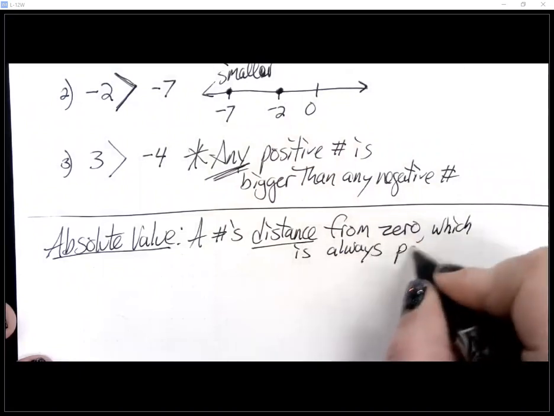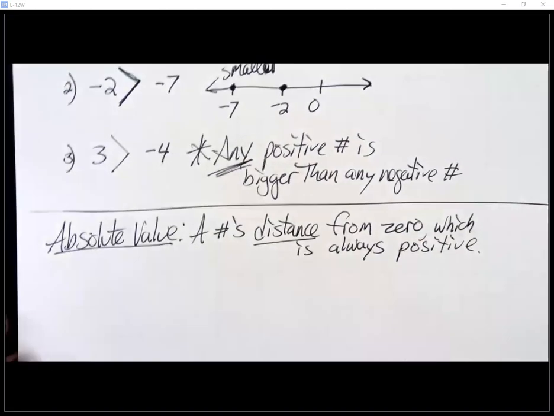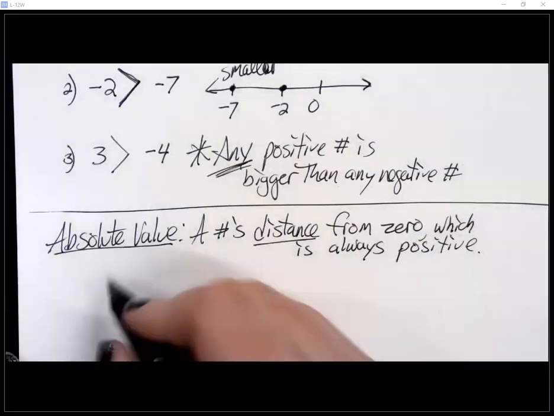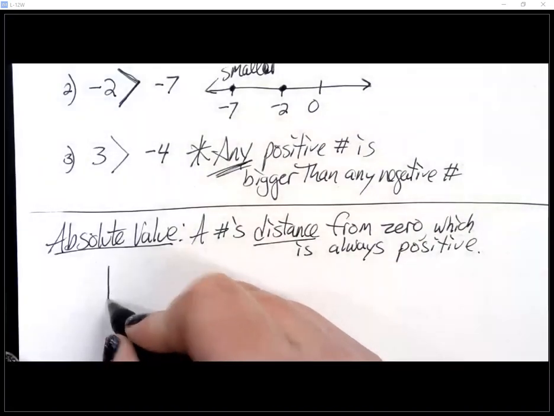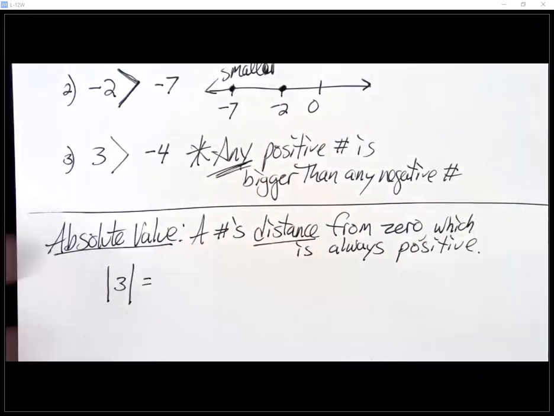No matter what you plug in, whether you're taking the absolute value of a positive number or a negative number, what comes out is always going to be positive. So to draw absolute value, the symbol, we use those long bars like that. That's what we're talking about.